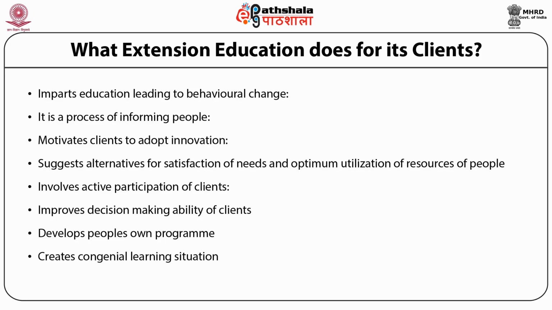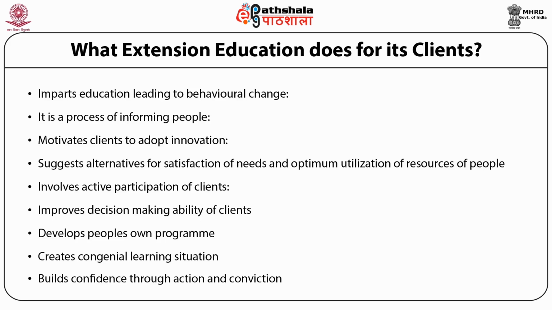The ninth and last element under this particular heading is that it builds confidence through action and conviction. Developing conviction, promotion of action, and ensuring satisfaction of clients are the key elements of extension education efforts.